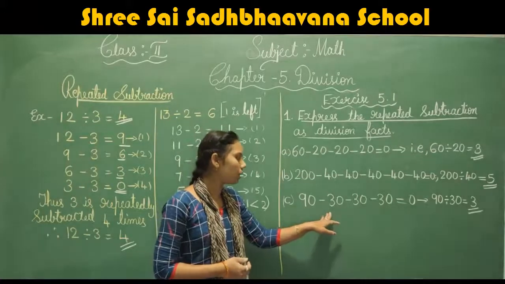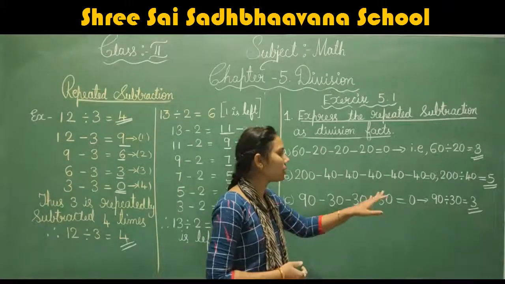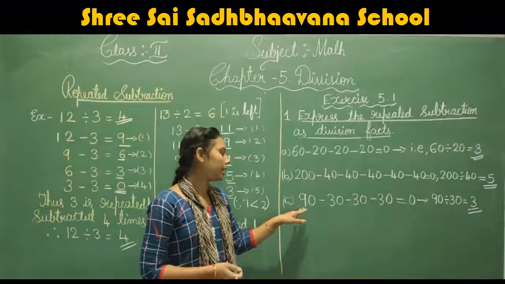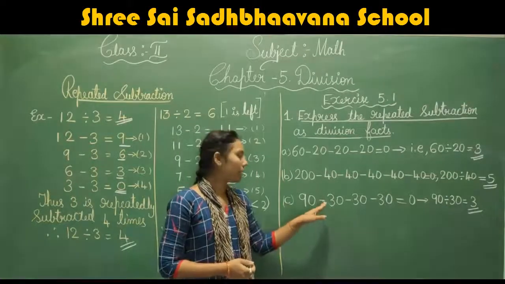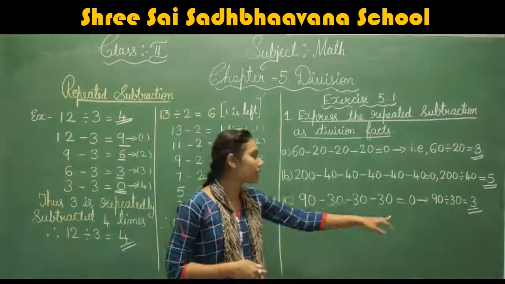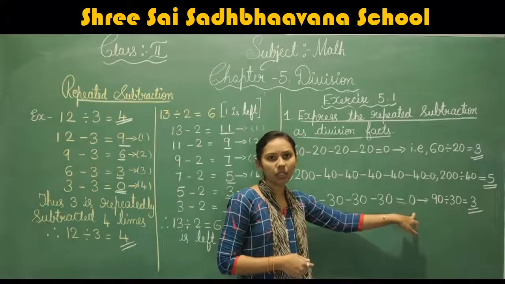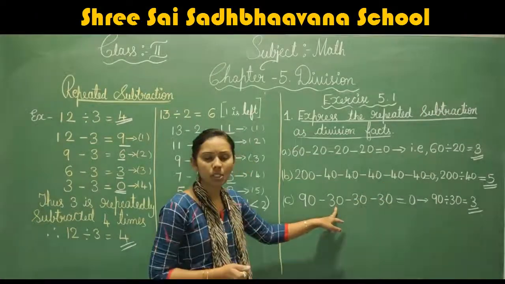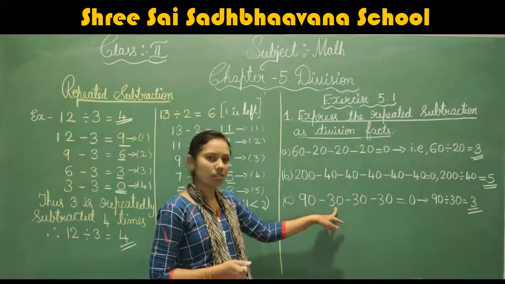90 minus 30 minus 30 minus 30. Here the dividend is 90. You subtract this 30 repeatedly, till the answer comes 0. So 90 minus 30, how much children? 60.